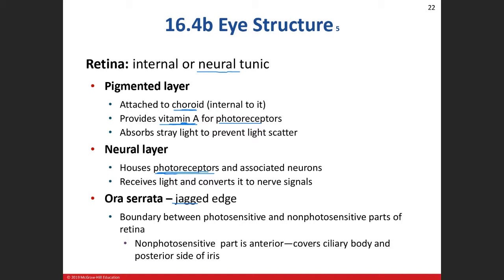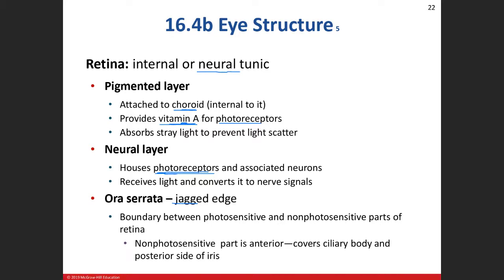That's going to be the important talk about the photoreceptors, the rods and the cones. It's in this layer that when the light strikes it, hopefully we're going to create some sort of nerve signal or action potential. Those nerve signals will be generated here in this layer.